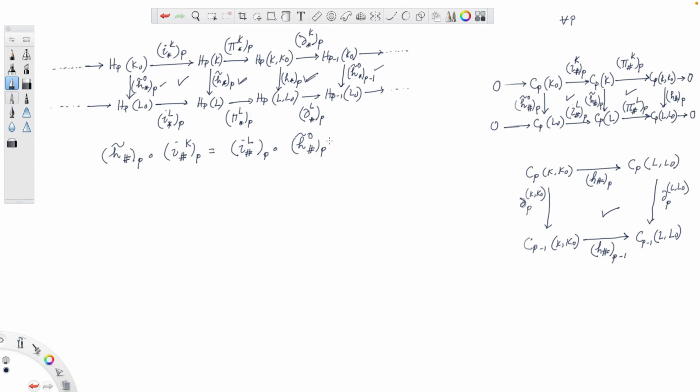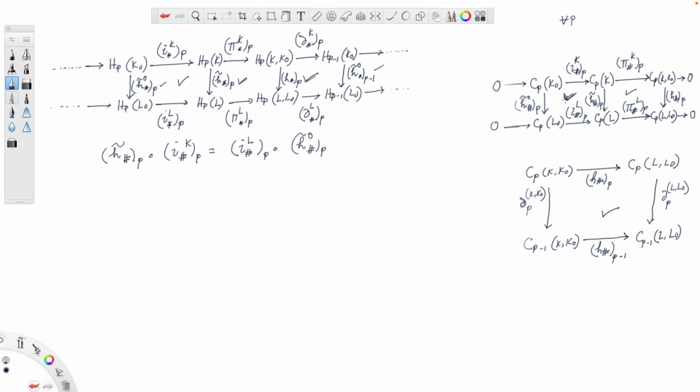Okay, so which square is this? I think this square, right?